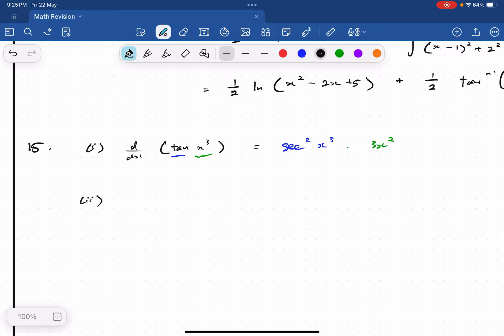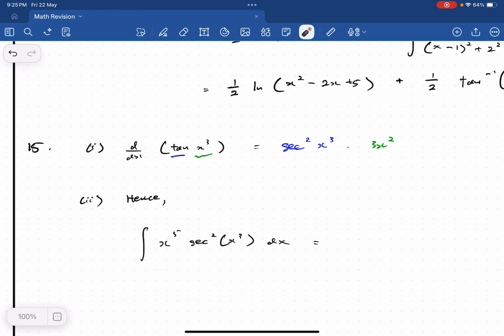And then they say hence. Okay, so you need to use this. Find the following integral by integration by parts. Now remember LIATE. So I have a trigonometric function here.